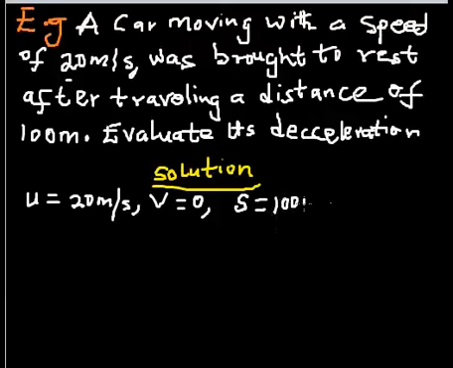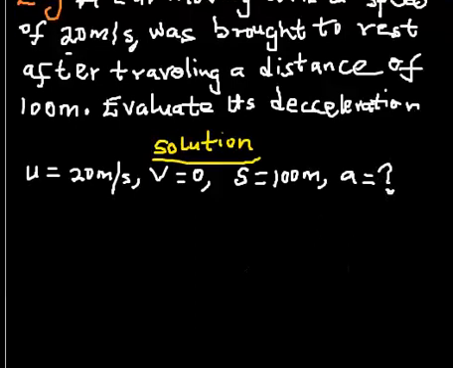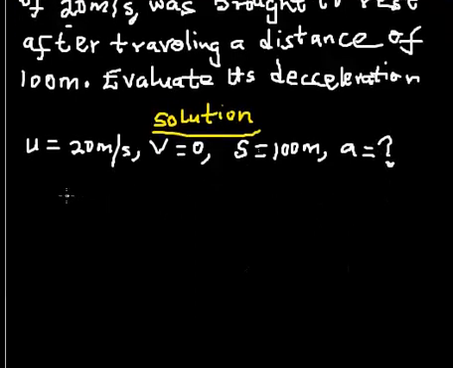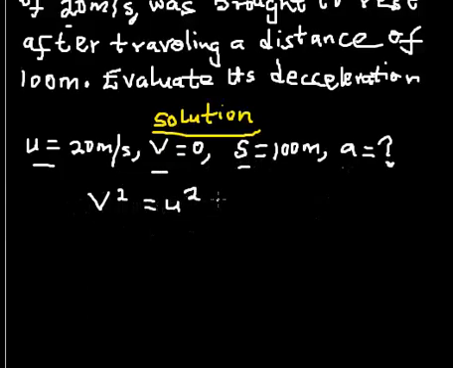So now the question is for us to find the deceleration, which of course is the same as the opposite of acceleration, all right? So how do we achieve this? Look at this u, v, x, and a, which equation actually captures these? That's the third equation. So we have v square equal to u square plus 2ax.